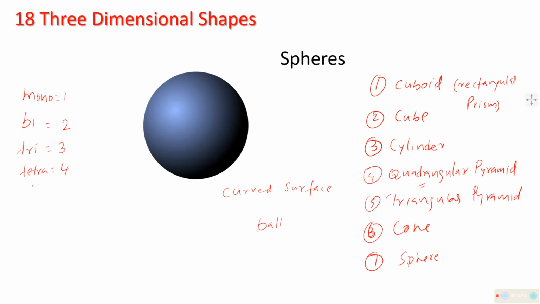Tetra means 4, and here you can see quadrangular. Quad also has a concept like that. Then afterwards 5 will be penta and 6 will be hexa. This much minimum you should be familiar with. There are septa, octa, and that way it goes.